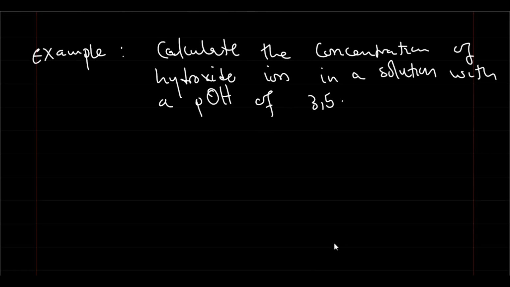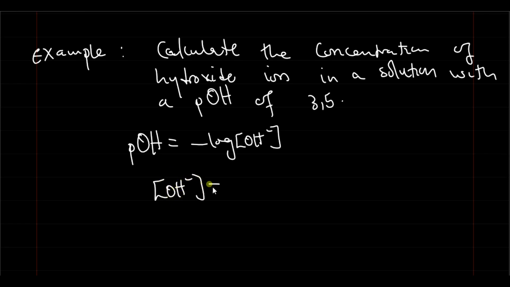They've given you pOH, and you want the concentration of hydroxide ion. So what do you do? Similarly to that one, remember pOH is equal to negative log of hydroxide. The same mathematics applies even here. So the concentration of hydroxide is 10 exponent negative pOH.